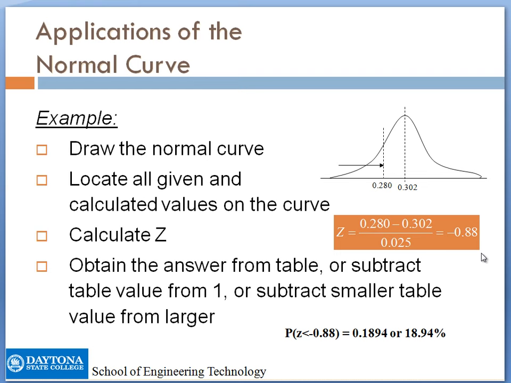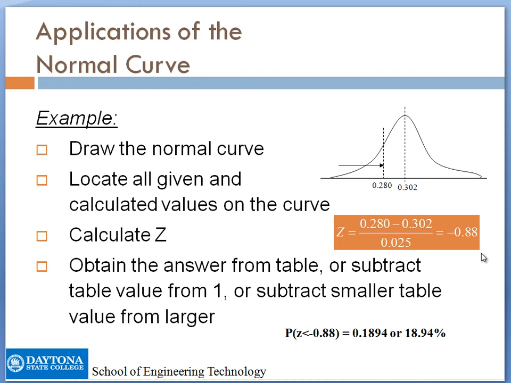How do you read the table? You have to go to the left column, the x sub i minus mu divided by the standard deviation, which is the z value. So that's your very left column. With that column is how you're going to enter and read the table. So you look for minus 0.8, and then you start reading to your right until you touch that 0.08, which is the very top vertical row.